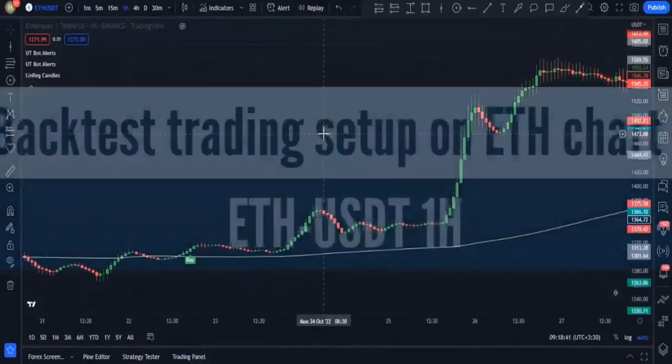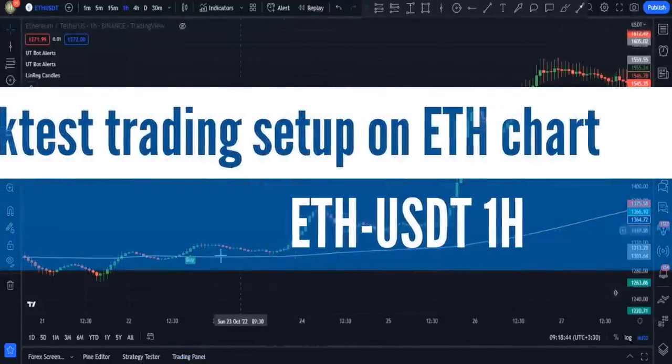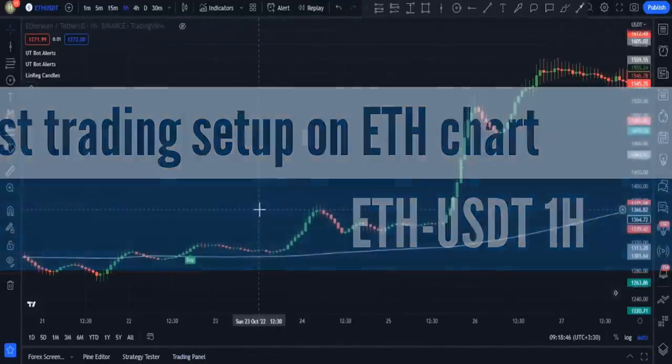Now let's see how this trading setup performs in Ethereum chart history with the 1 hour time frame.